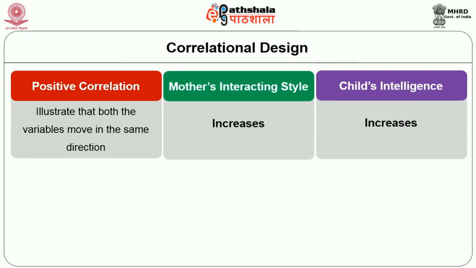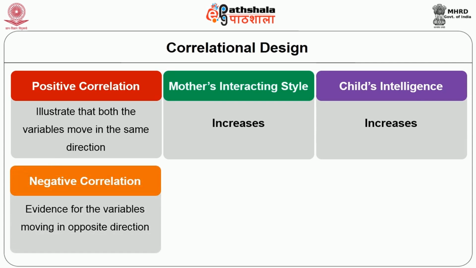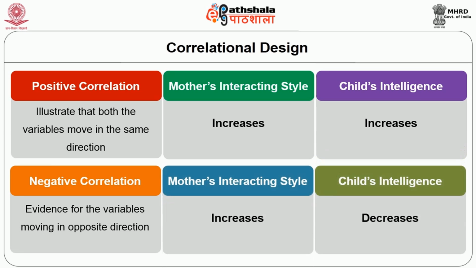In other words, when mother's interacting style increases, the child's intelligence increases. A negative correlation becomes evidence for the variables moving in opposite directions, which means that when the mother's interacting style increases, the child's intelligence decreases. But the zero correlation confirms no effect between these.